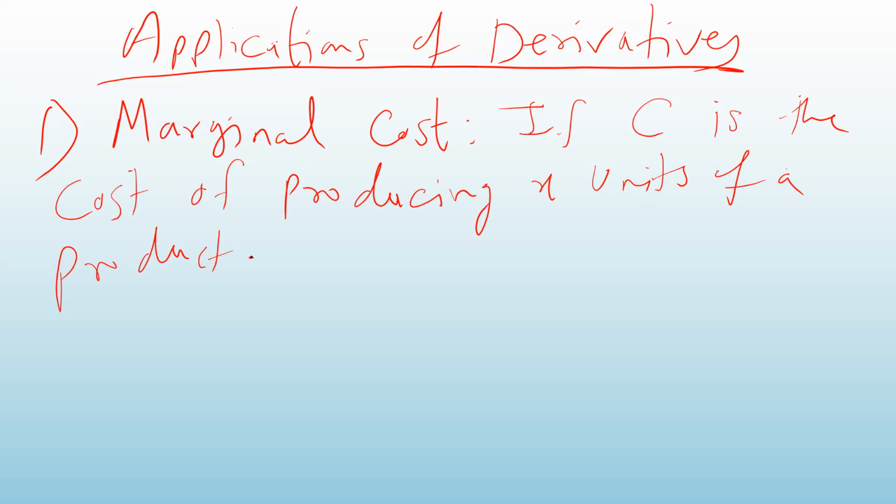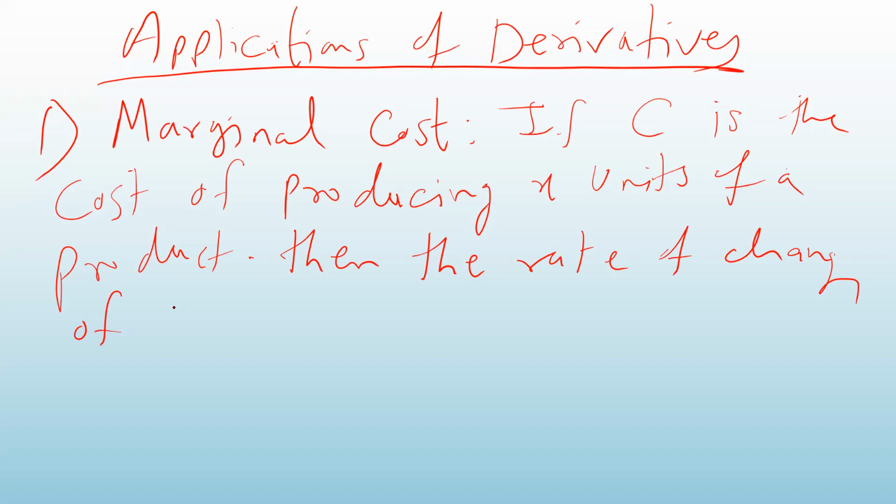So then the rate of change of cost with respect to the number of units produced, that is the derivative of C with respect to X, is called as the marginal cost.